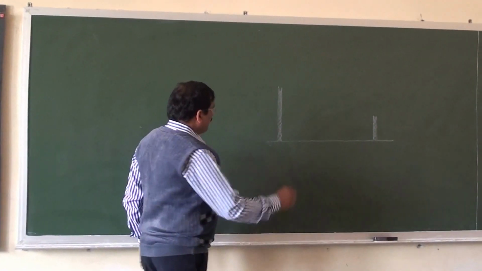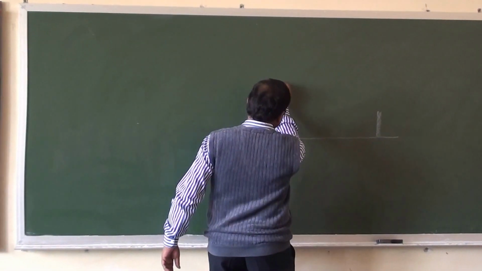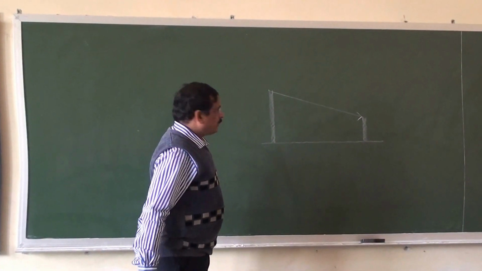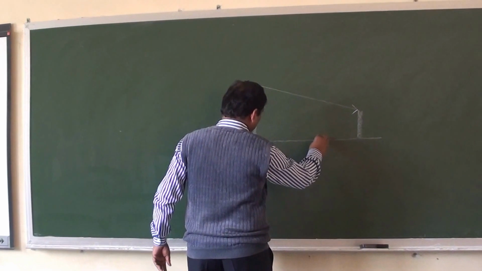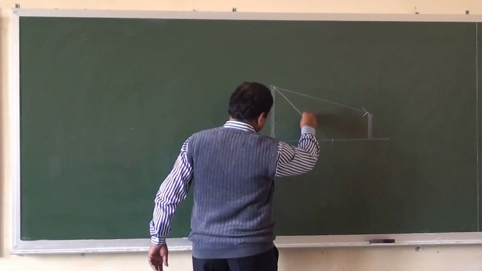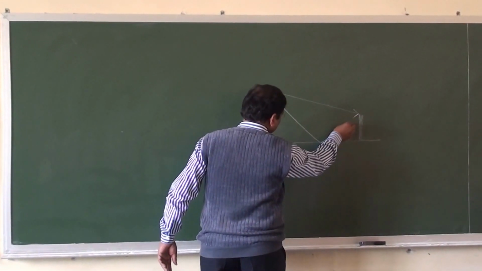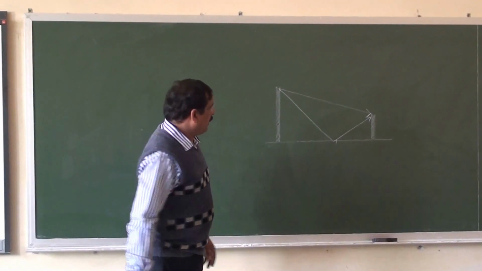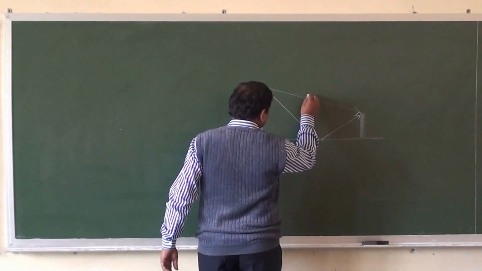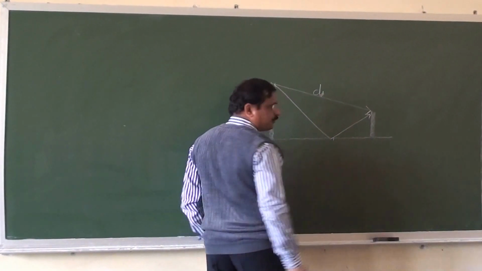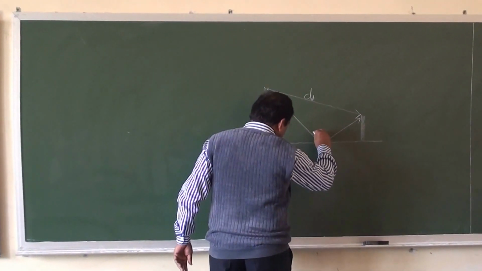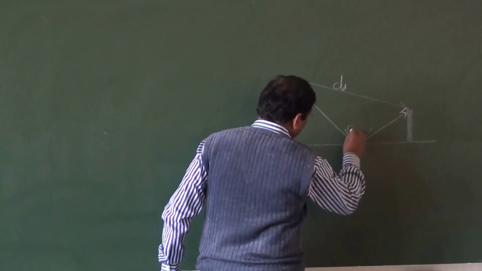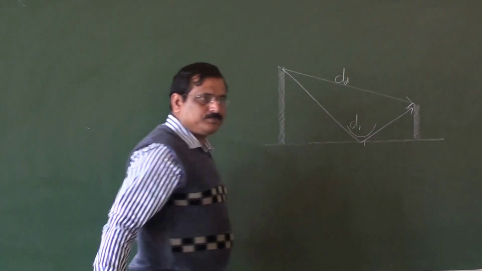One direct component is going to come to the receiver, and the ground is going to reflect the signal. The signal comes onto the ground, gets reflected, and comes back to the point of the receiver. This distance is known as the direct distance, and when you consider this whole path, this plus this is indicated as the reflected distance.